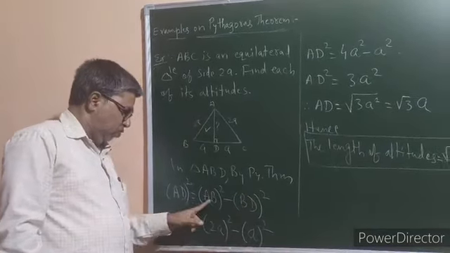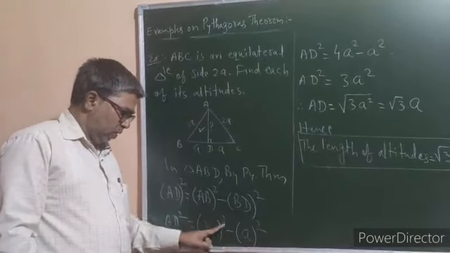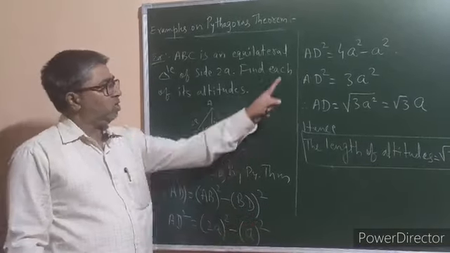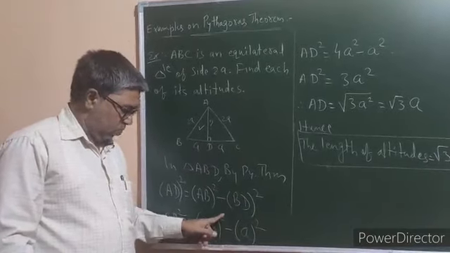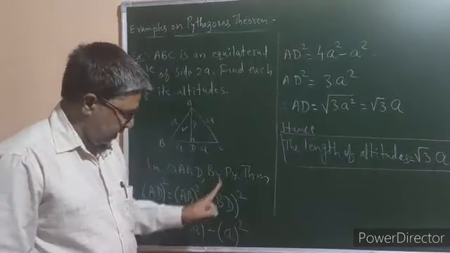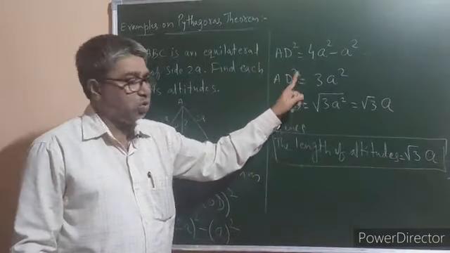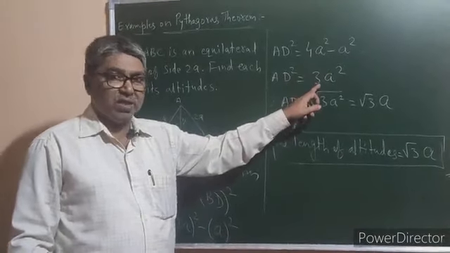So AD square is equal to the length of AB, which is 2a, in bracket square, minus the length of BD, which is a, in bracket square. So AD square is equal to 2 square is 4, a square, so 4a square minus a square. So AD square is equal to 4a square minus 1a square, which is 3a square.